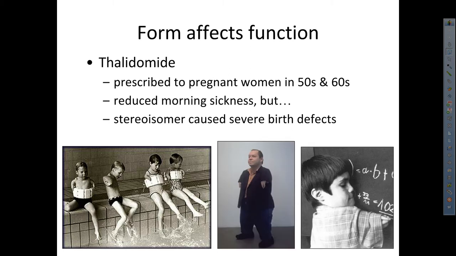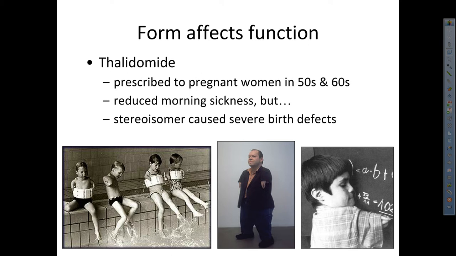So unfortunately, there are forms of medications that, if not purified correctly, can have very bad effects on either that person or for their unborn child. In the 50s and 60s, this drug was prescribed basically to help with morning sickness.